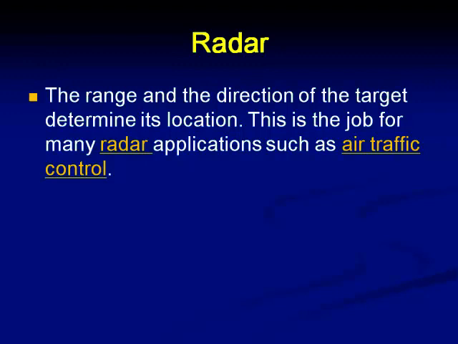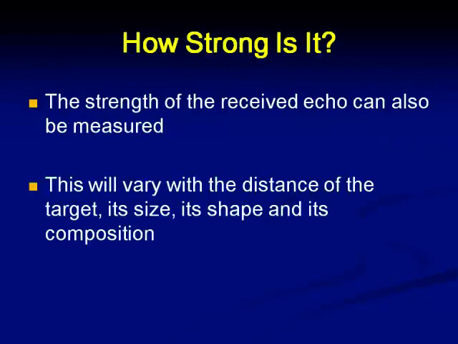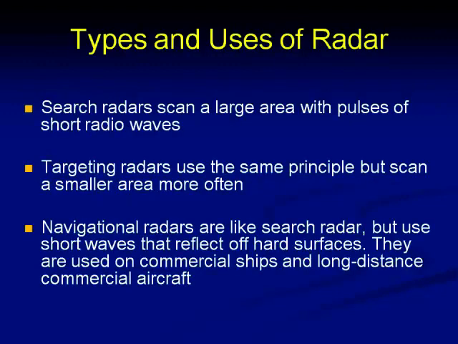So this is also measured from the antenna location, which is used along with the transmitter and receiver. So this is very much useful in situations like air traffic control. The strength of the received signal must be such that the process can be easily done and the noise is removed as much as possible, and the strength of the signal is dependent on the distance and also the shape of the target. From these things we can identify what are the types and uses of radars.